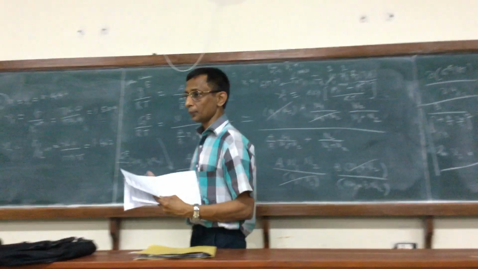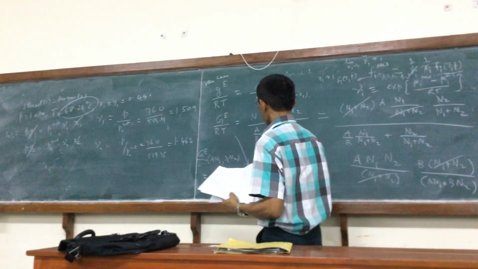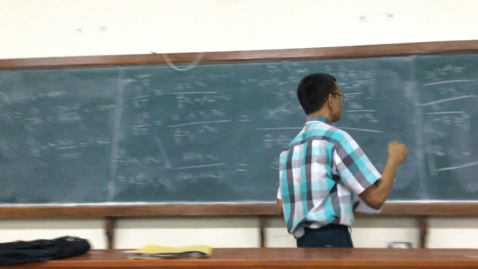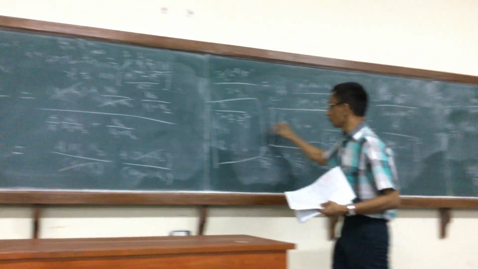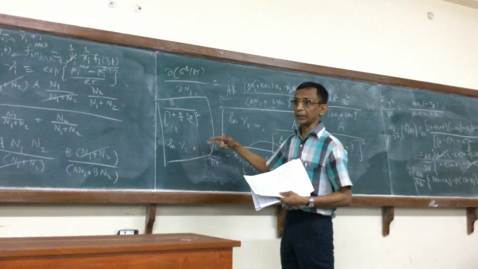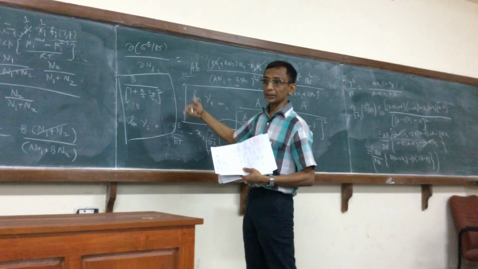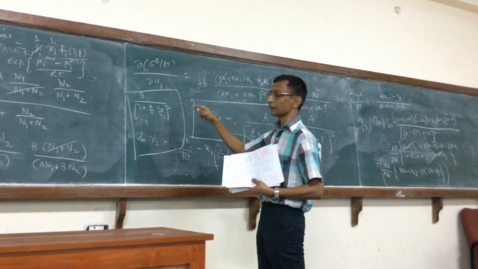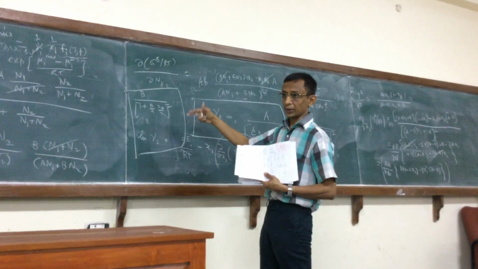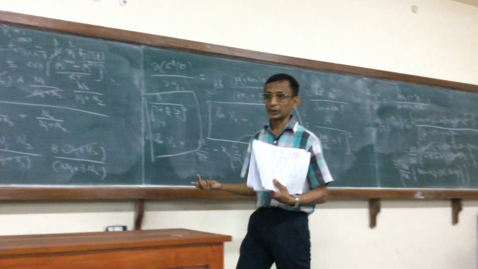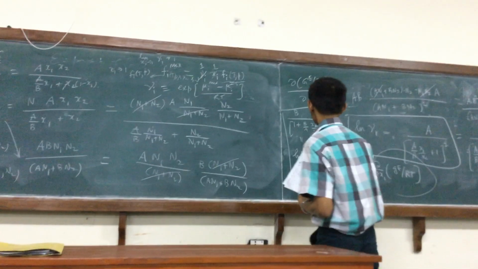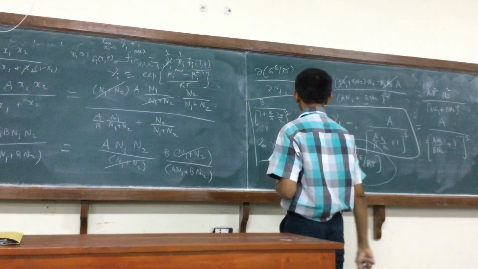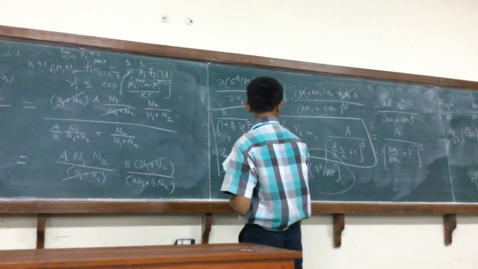So we lead to a minimum boiling azeotrope. Now the question is, how do I determine A and B? Here I have gamma 1 and gamma 2 in terms of A and B. But now what I want is A and B expressed in terms of gamma 1 and gamma 2. On the face of it, it's quite long because it's a non-linear equation, but there's a simplification that results if you divide log gamma 1 by log gamma 2.